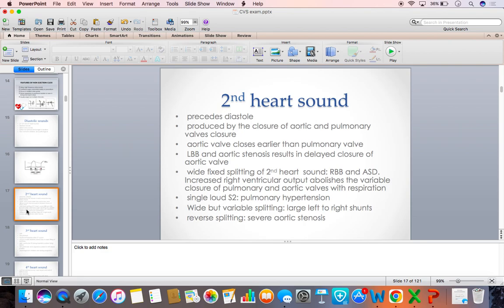So let us talk about the second heart sound. The second heart sound precedes the diastole. That means diastole continues with the second heart sound. It is caused by the closure of the aortic and pulmonary valves. The aortic valve closes earlier than the pulmonary valve. Right? You can appreciate the split of the second heart sound predominantly in left bundle branch block.